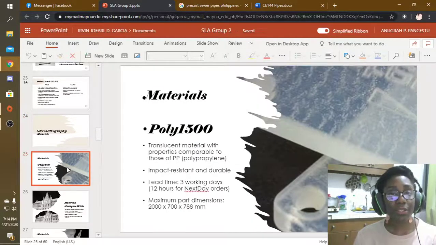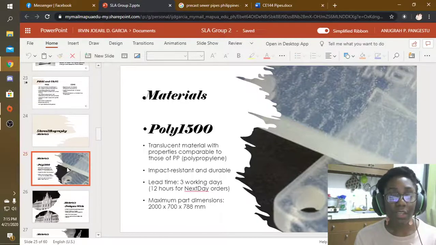So the first material I'm going to talk to you about is the Poly 1500 material. Now this material is translucent, not transparent, and it is comparable to polypropylene because of its plastic-like characteristics. It is very resistant on impact and very durable.